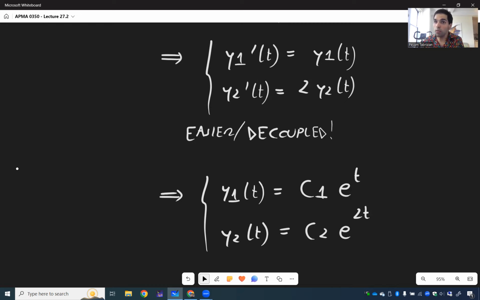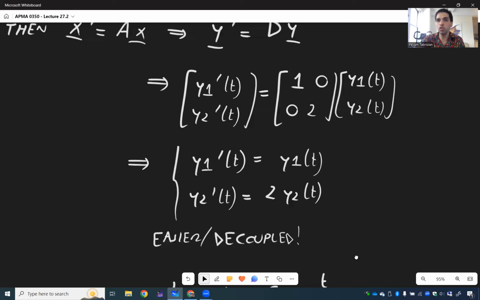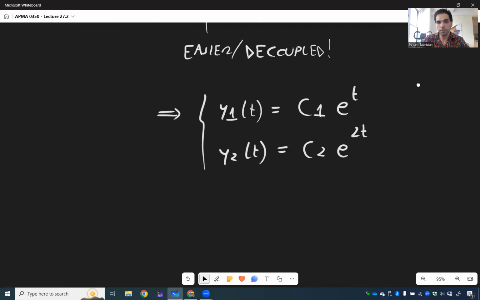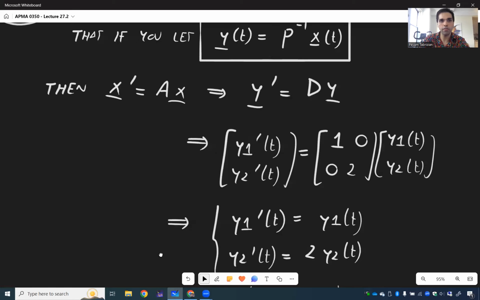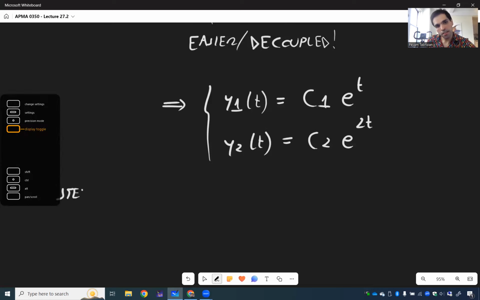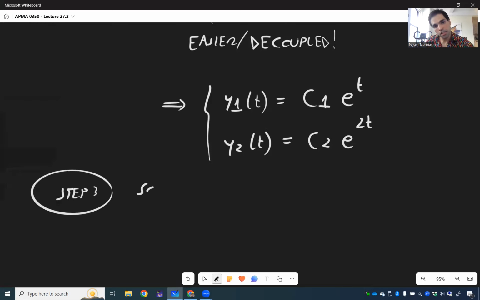But this is not y, we want x. And for this, we just use that y is P inverse of x. So I think that was step 3 now, yeah. Step 3, solve for x.